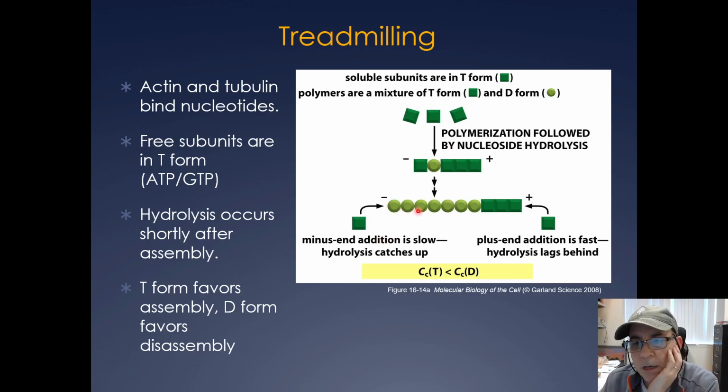Okay, and so eventually you'll get to the point where more subunits are being added on to the plus end and removed from the minus end, so that the overall length of the filament doesn't change. However, it can actually sort of move along because you're getting addition on the plus end faster than hydrolysis.